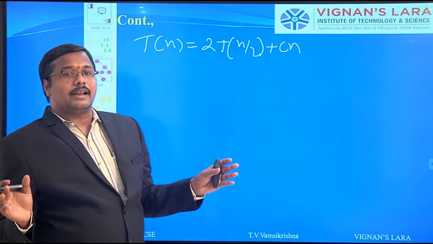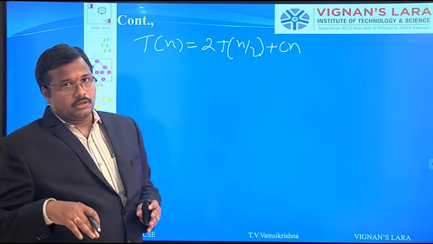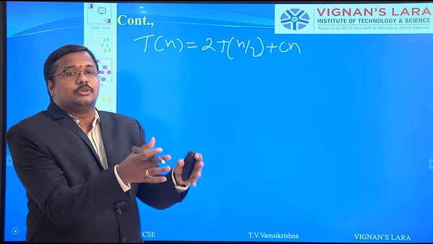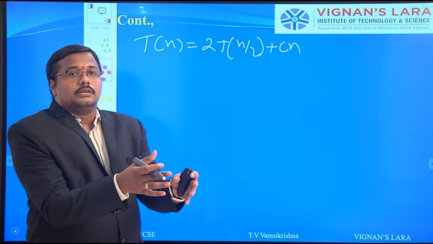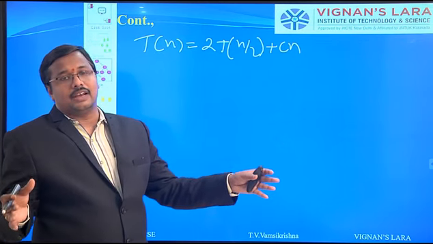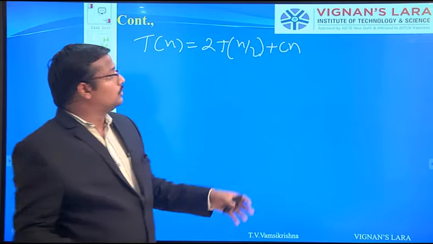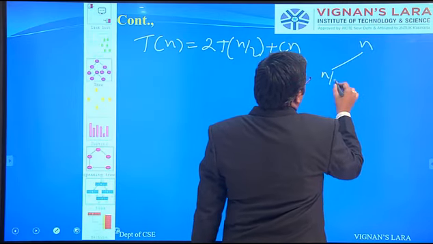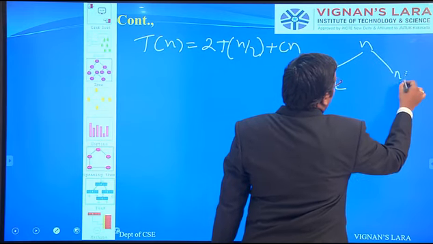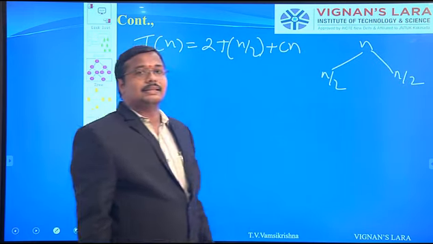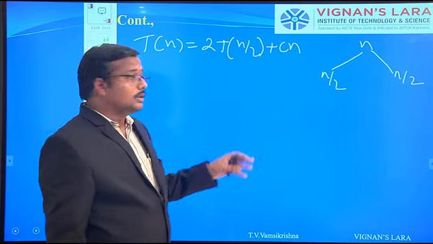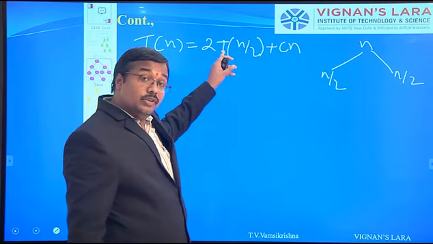When we apply the partition function, we expect the pivot to come to the exact mid position and the array to be divided into two equal halves. So T of n by 2 and T of n by 2: n by 2 is one side and n by 2 is the other side. The time complexity of n by 2 we again calculate.